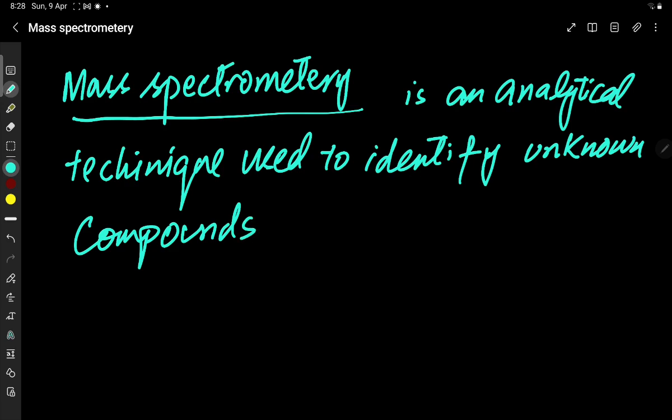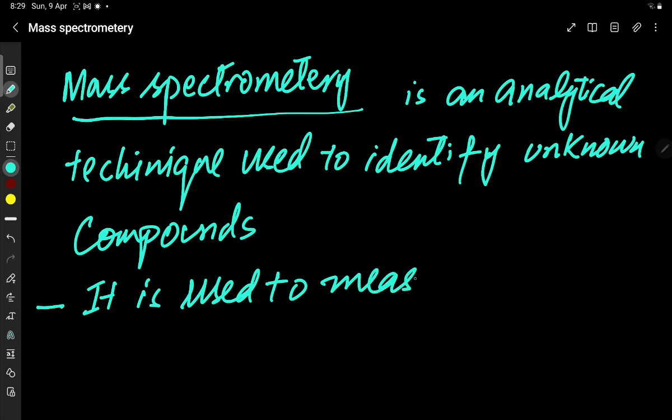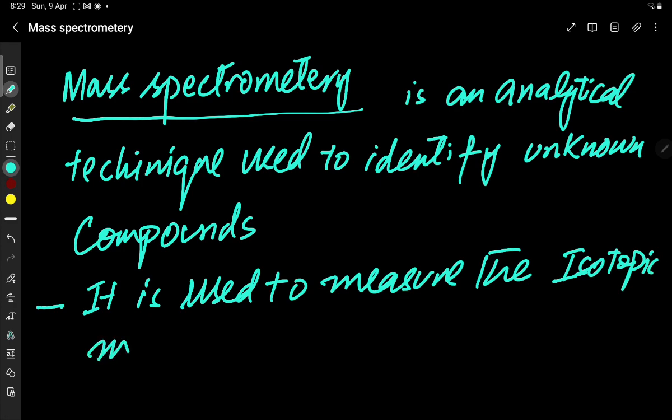Moreover, it is used to measure the isotopic mass, which we have done earlier.